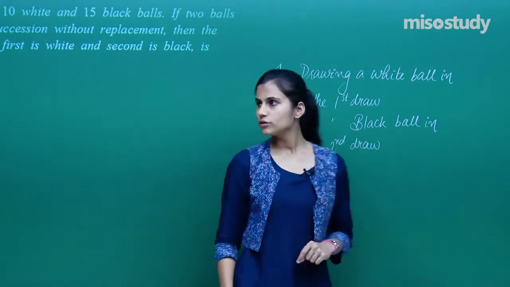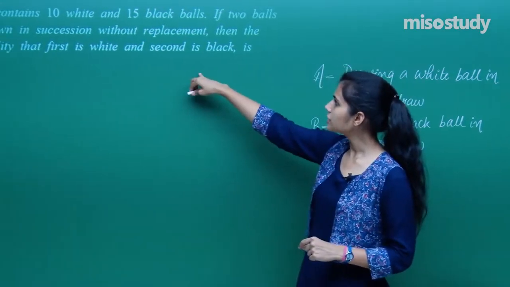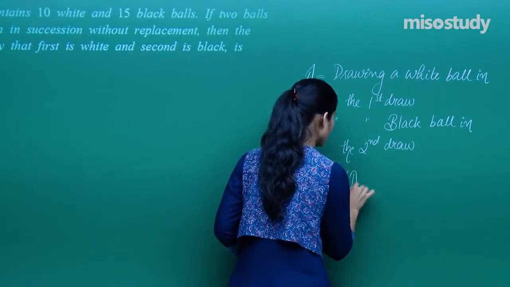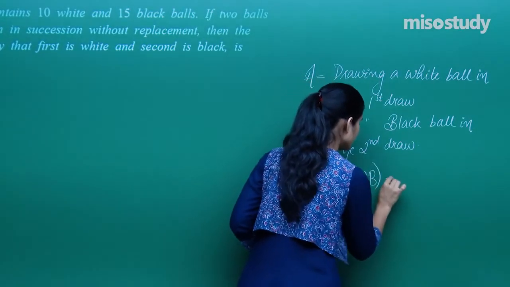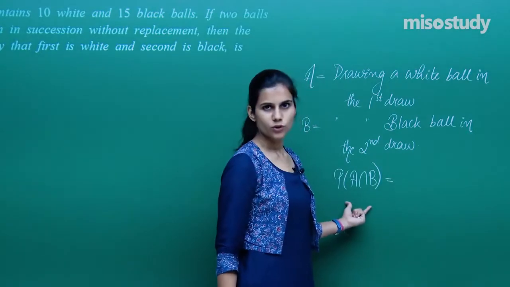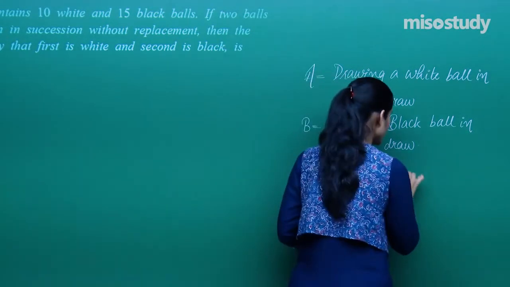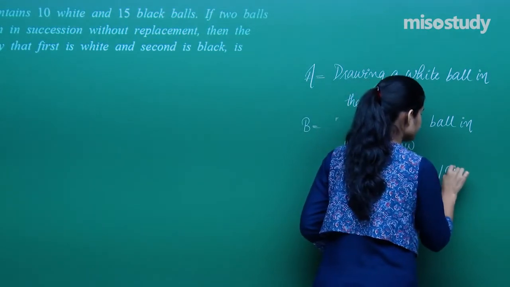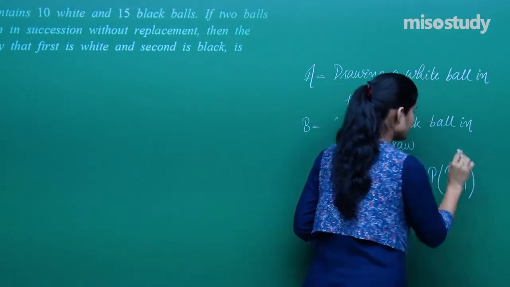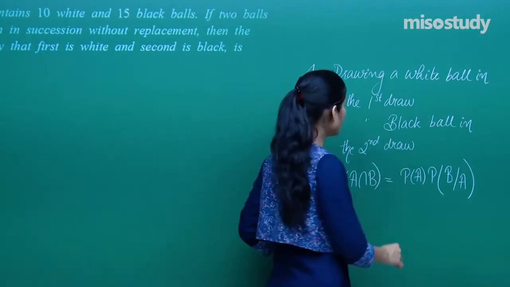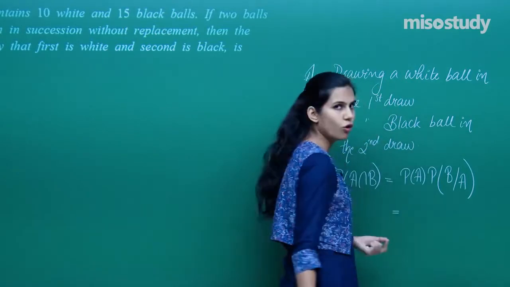You want to find out that in succession what is the probability that the first ball is white and second is black. You need to find the probability of A intersection B, right? We know this, multiplication theorem, right? Probability of A into probability of B by A. Probability of A means probability of drawing a white ball in the first draw.